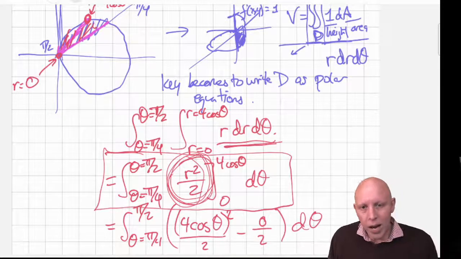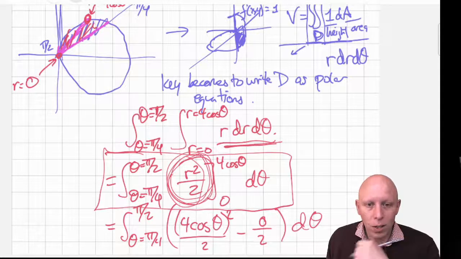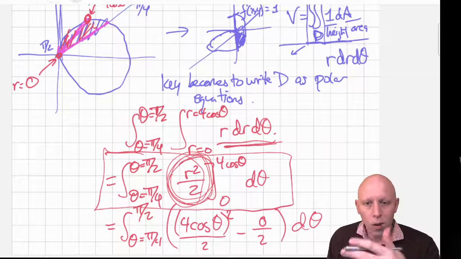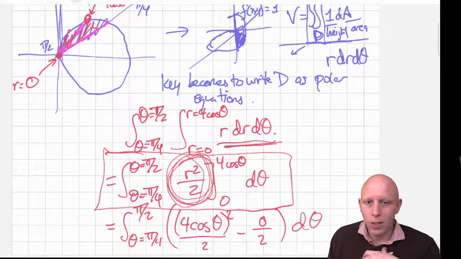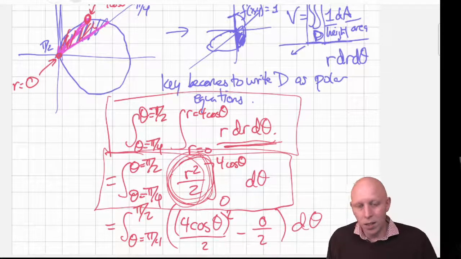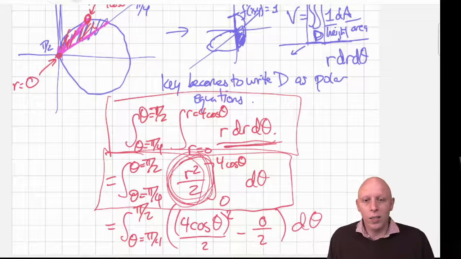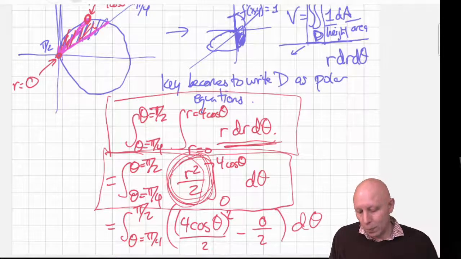That's exactly what we had in the last thing we've been talking about, which is finding the area where we had r as a function of theta. We had to do the integral of r squared over 2 d theta. So you should look at this area equation and recognize, hey, that's exactly the same thing that we had before, just written now as a function of r and theta instead of just a function of theta.